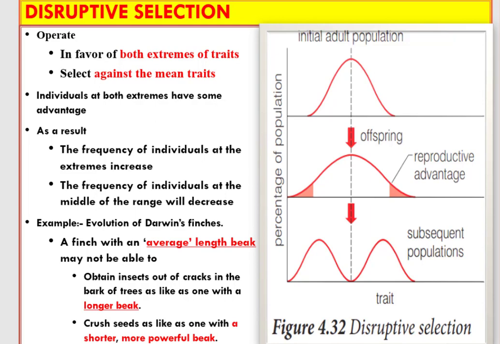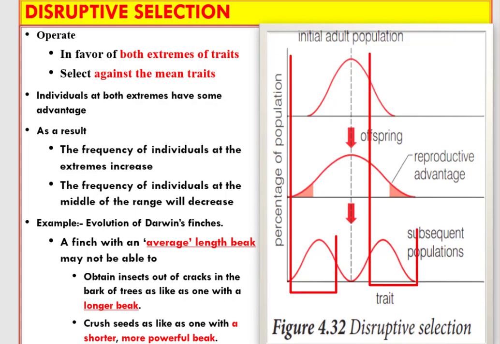Disruptive selection is a type of natural selection that operates in favor of both extremes of traits and selects against the mean or median traits from the range of traits within the population. In this instance, individuals at both extremes of a range have some advantage over those displaying the mean or median values in the population in that environment.